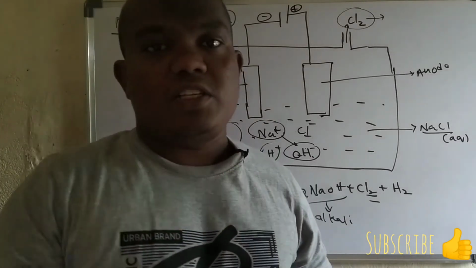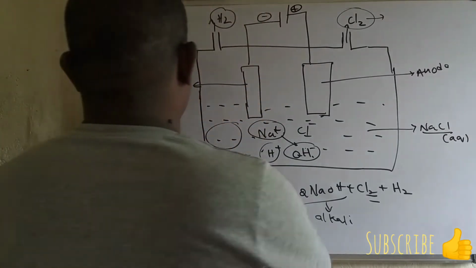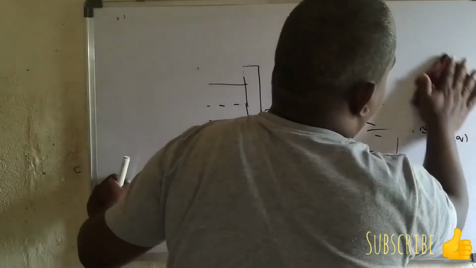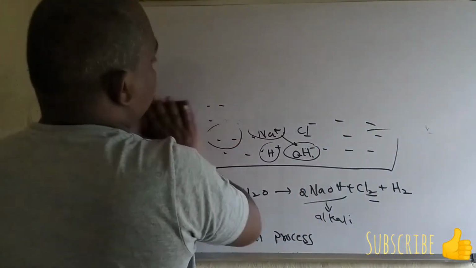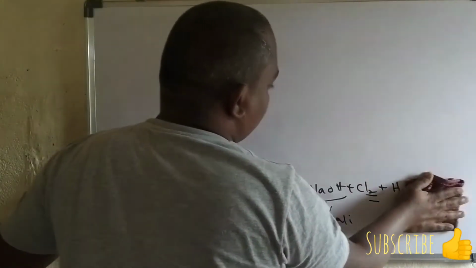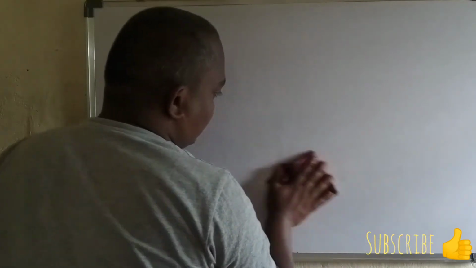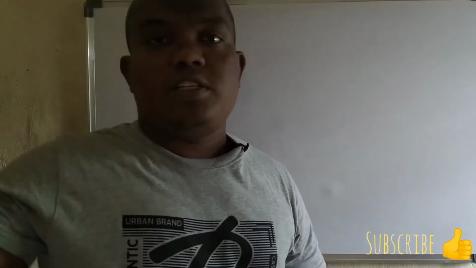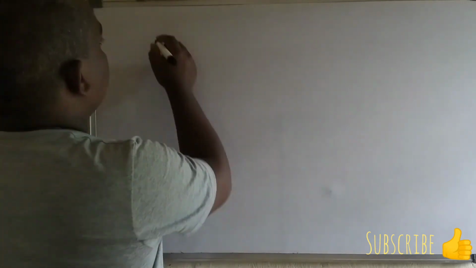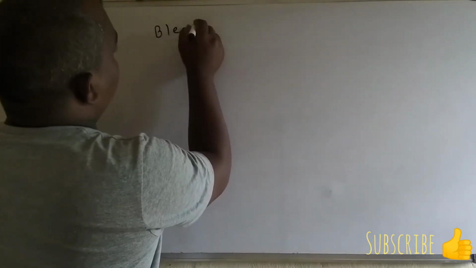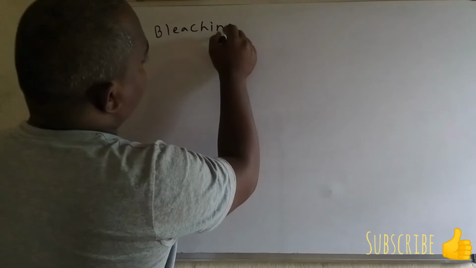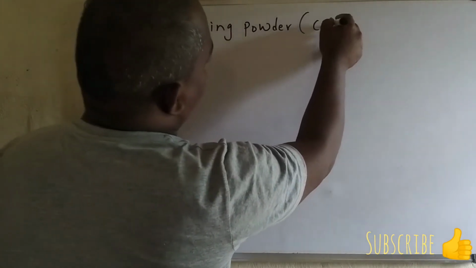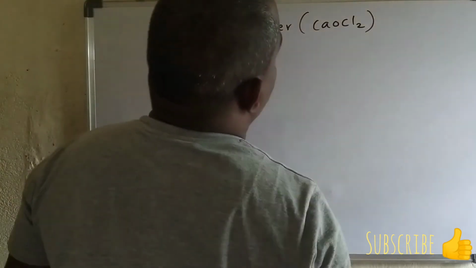That is bleaching powder. Bleaching powder is also known as calcium oxychloride, CaOCl2.